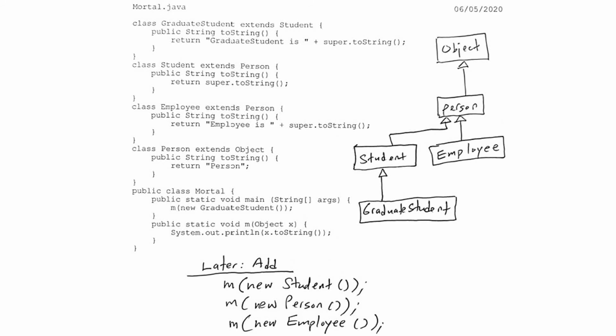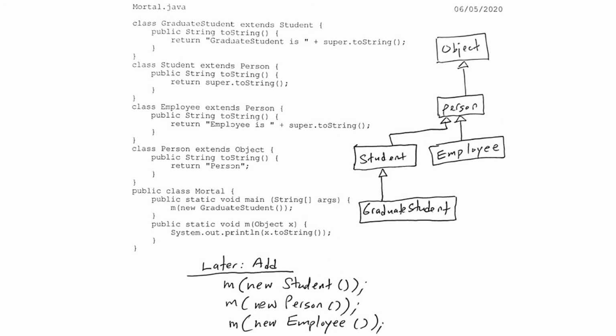However, the graduate student string is concatenated with another call to the toString method in the super class, which is student. So before the compiler can return the content of the toString method in graduate student, it has to go to the toString method of the super class of graduate student, which is student.